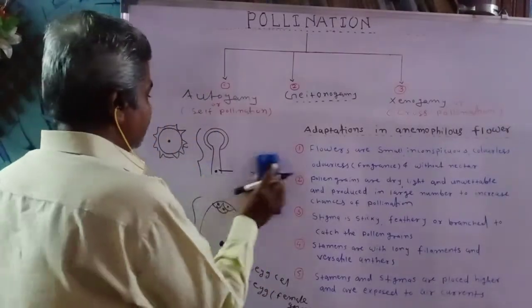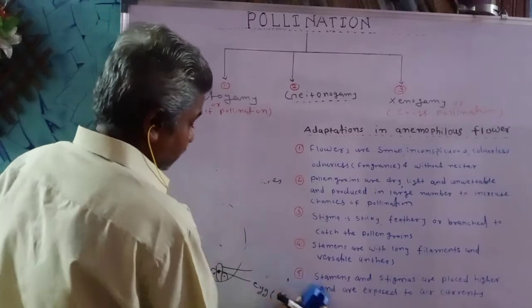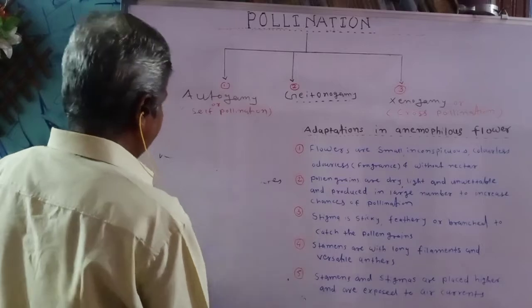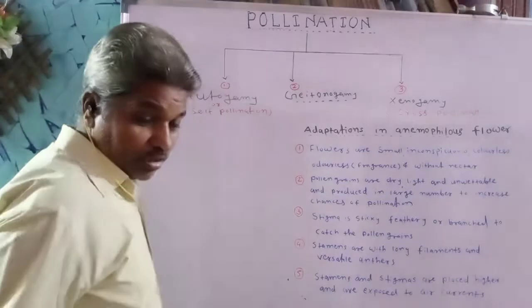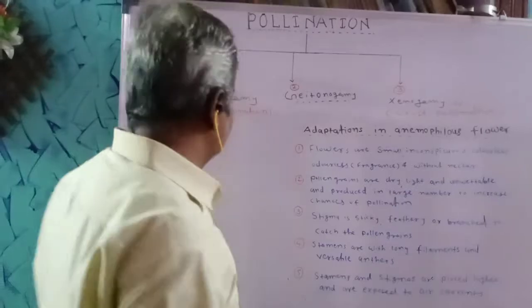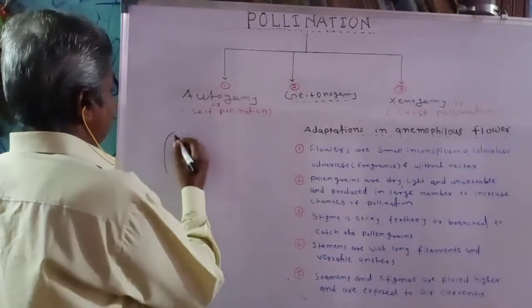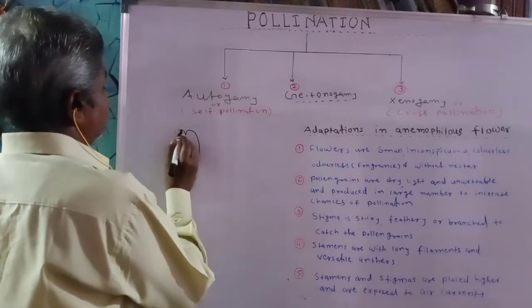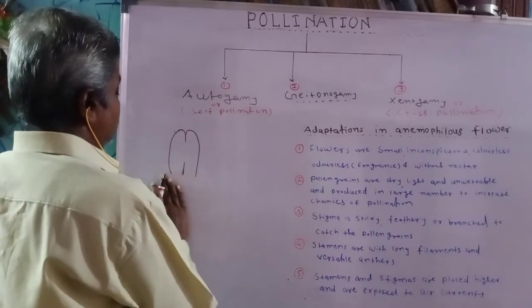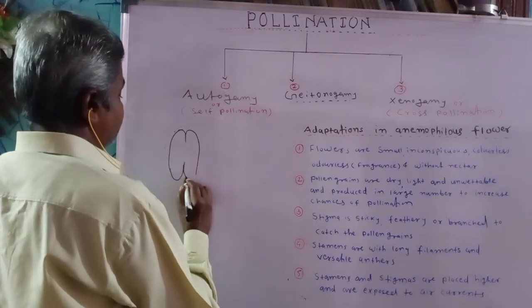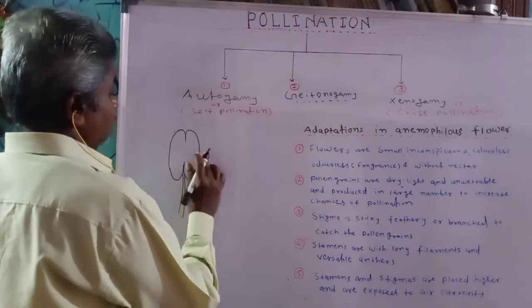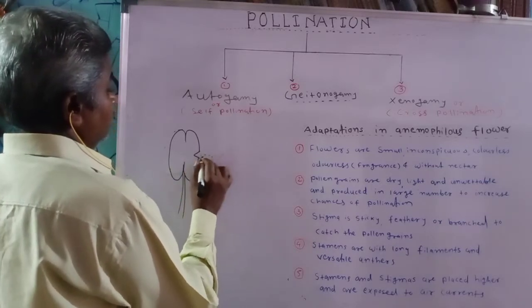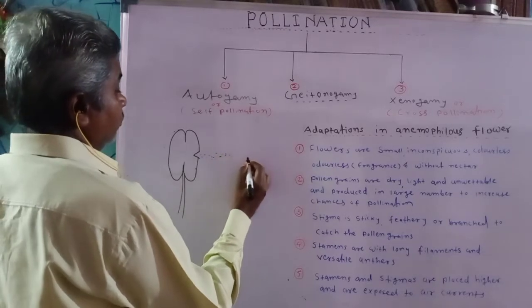So what is pollination? The transfer of pollen grain from anther to the stigma of a flower is called pollination. These pollen grains lie in the anther. When the anther matures, the dehiscence of the anther releases a large number of powdery pollen grains.